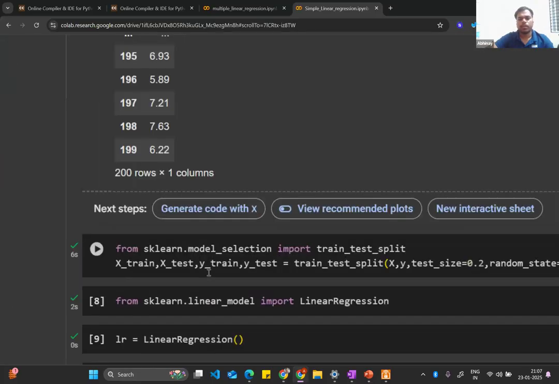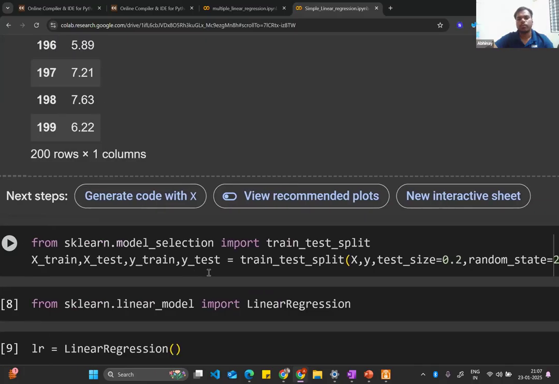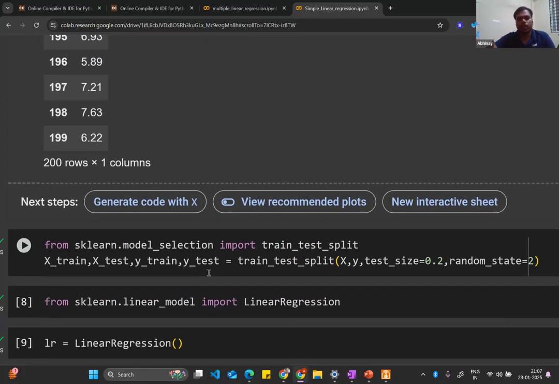After that, we will do the same thing that we have been doing in many of the classes. We will import the sklearn library. From that, we will use model selection, and from model selection we will import train_test_split. It is also a kind of algorithm.